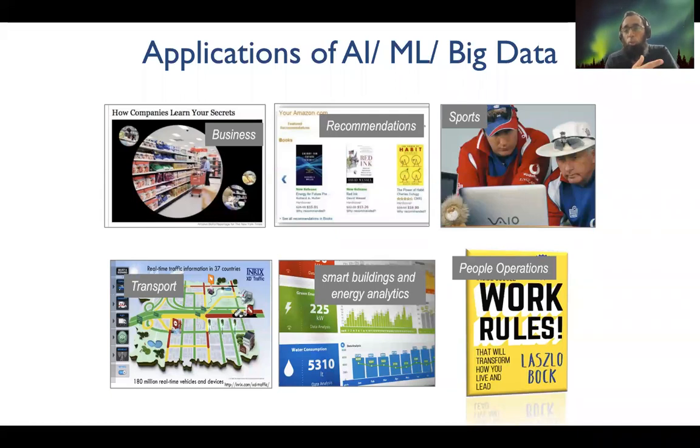If you go to YouTube, you're given recommended videos. All of them come from AI. People make use of analytics in sports. They make use of analytics in their decisions on who to hire, who to fire, who to promote. These techniques are also used in smart services, smart cities, smart buildings.